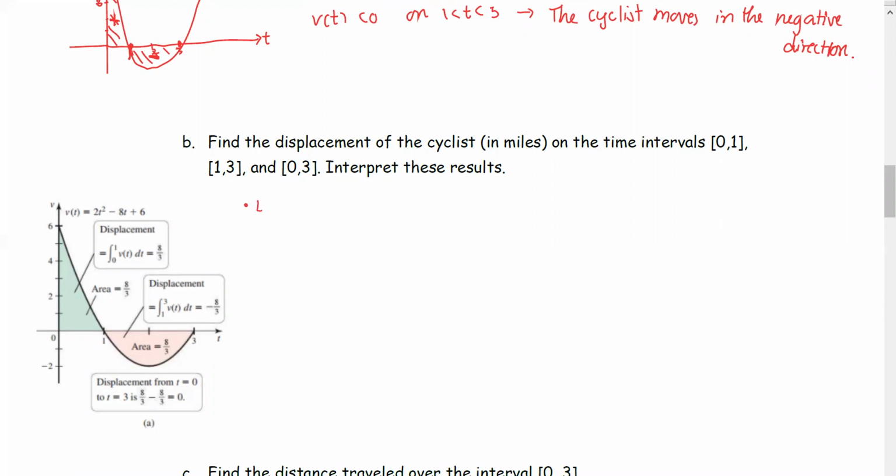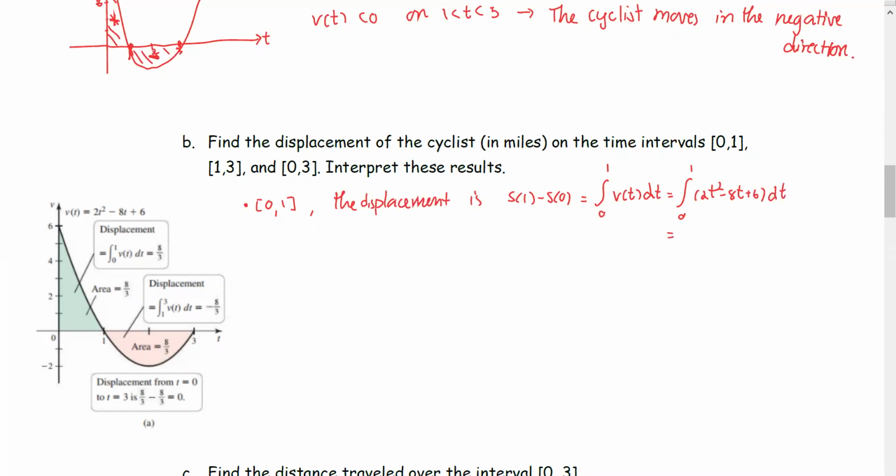Over the interval 0, 1, the displacement is s at 1 minus s at 0, or the definite integral from 0 to 1 of the velocity v(t) with respect to t, or the integral from 0 to 1 of 2t squared minus 8t plus 6 with respect to t.